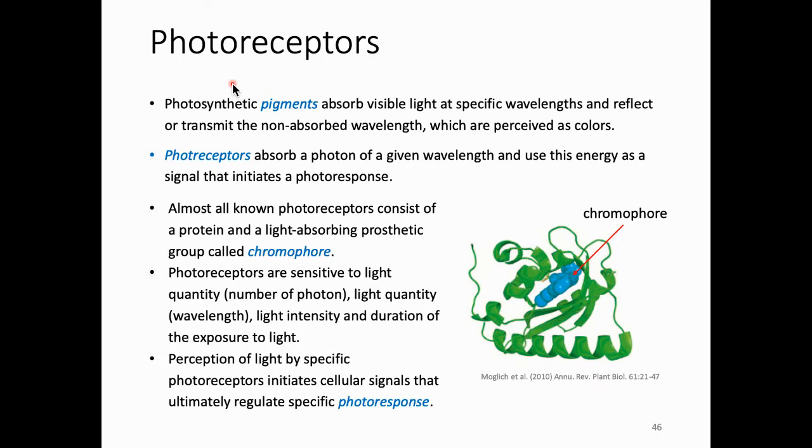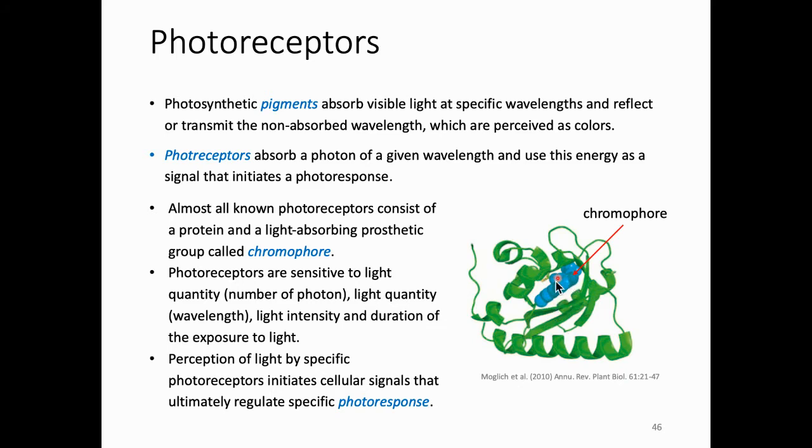A photoreceptor is composed of two parts: a protein, like the one in green color, and a chromophore molecule. This chromophore is specific for each wavelength of light.